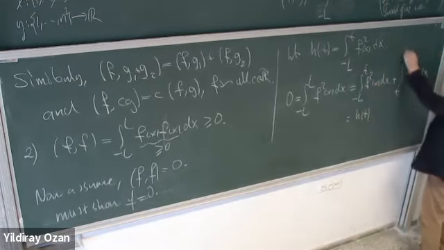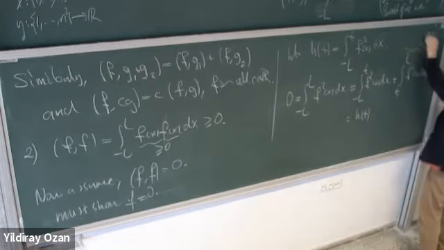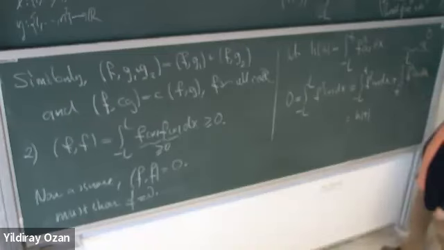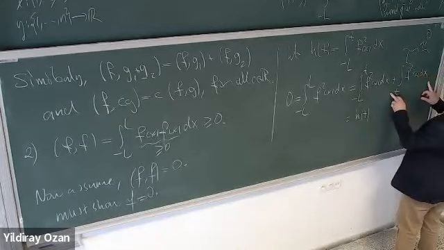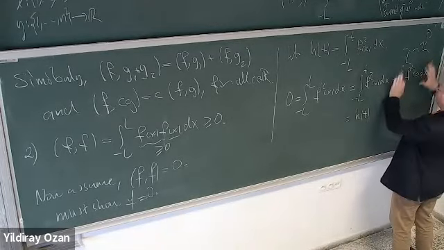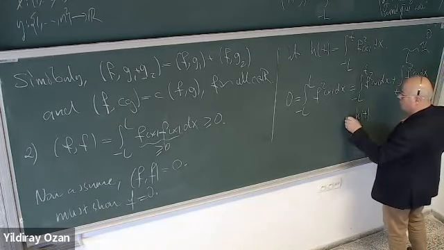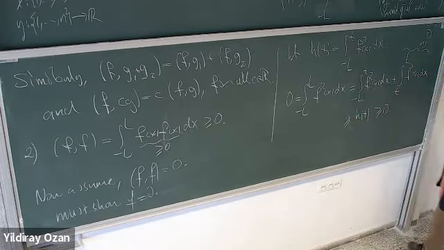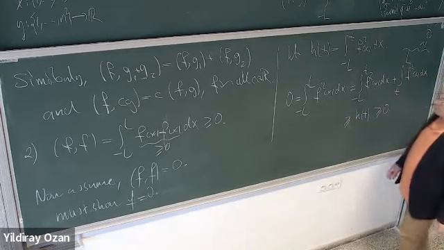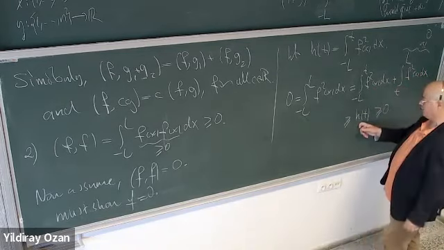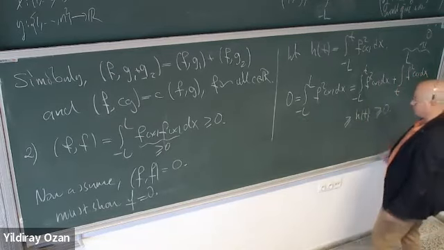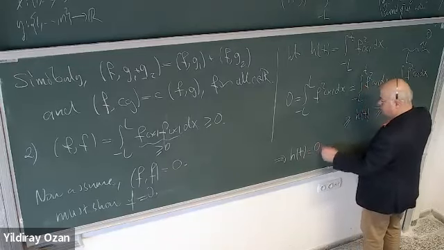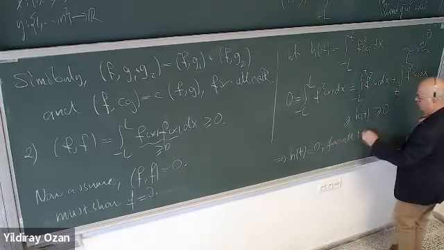Whatever it is, it is always non-negative because the function is non-negative and you have some integrals. Therefore, if I erase this, I get something smaller. So we have 0 is greater than or equal to h of t, and h of t is greater than or equal to 0. Therefore, this h of t is just the zero function, 0 for all t.